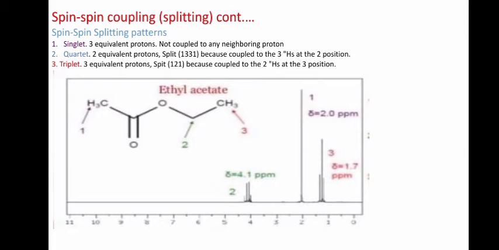First, singlet: 3 equivalent protons not coupled to any neighboring proton. Quartet: 2 equivalent protons split because coupled to 3 Hs at the 2 position. Triplet: 3 equivalent protons split because coupled to 2 Hs at the 3 position.